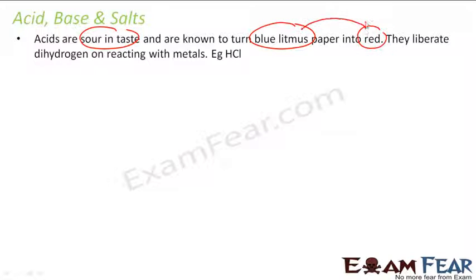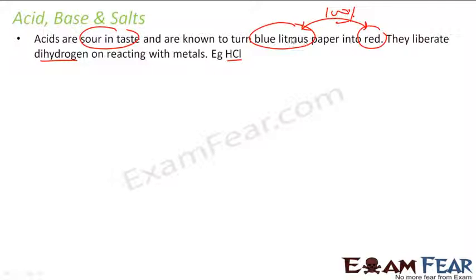So blue litmus turning red is the 100% guaranteed test for acid. And they liberate dihydrogen on reacting with metals. For example, HCl reacts with some metal, you will get hydrogen gas. There are various definitions of acid we will learn in the next few slides, but generally acids are sour in taste and they convert blue litmus to red.